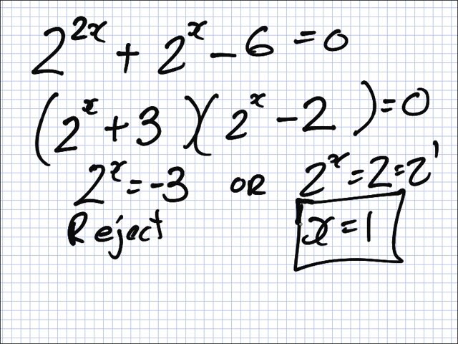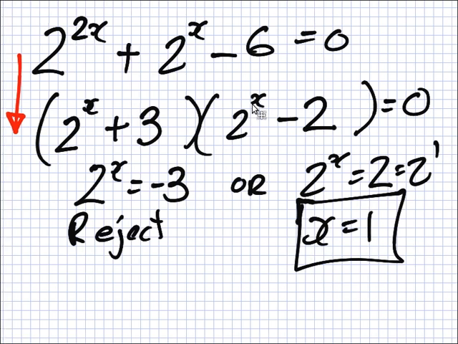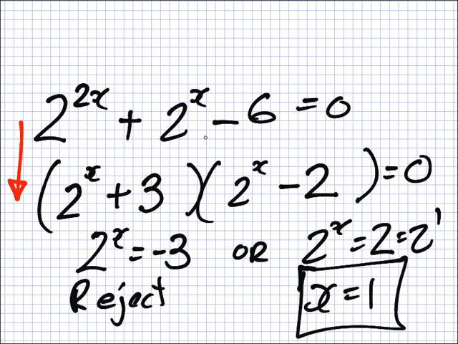Yeah? Where? Here. 2 power x equals 2 power 1. It's here to here? Yeah, so if you look at it like this, can I scroll down a little bit? I'll use a different colour. Shh, you're distracting me. 2 power x squared is the same as that.